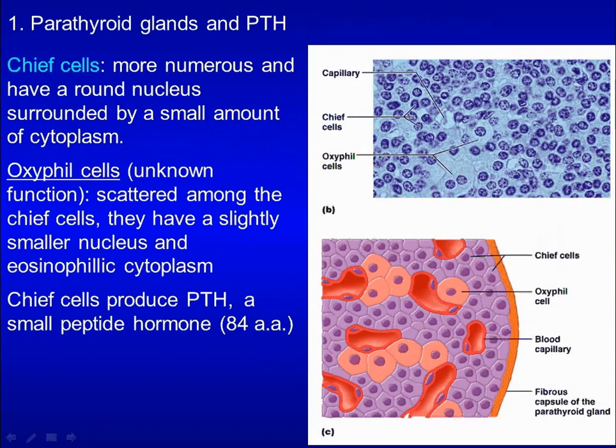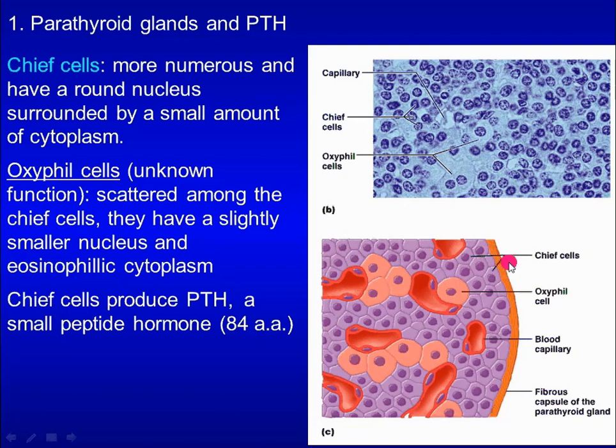Chief cells are more numerous and have a round nucleus surrounded by a small amount of cytoplasm, as shown here. Oxyphil cells are scattered among chief cells. They have a slightly smaller nucleus and eosinophilic cytoplasm.